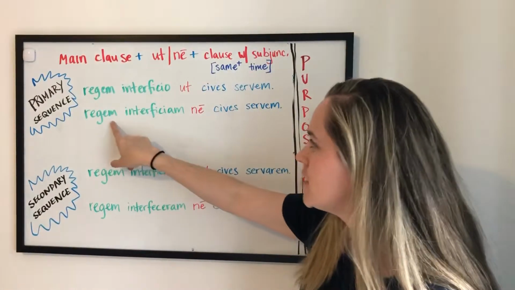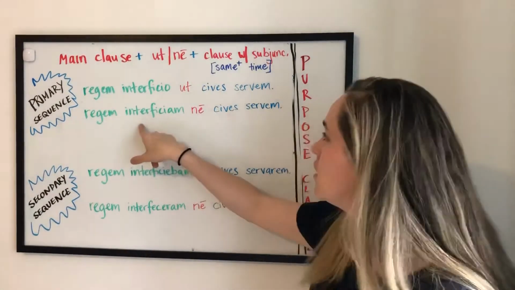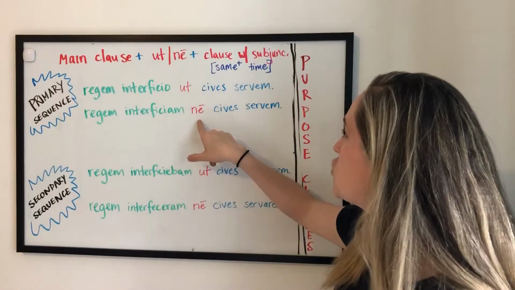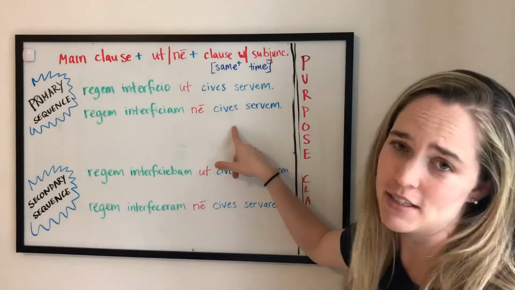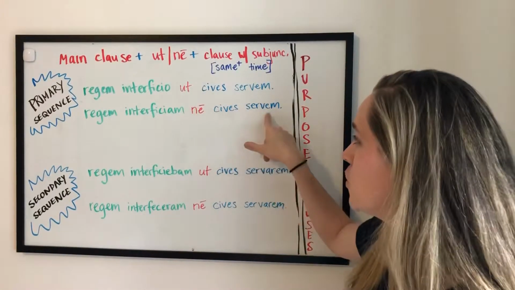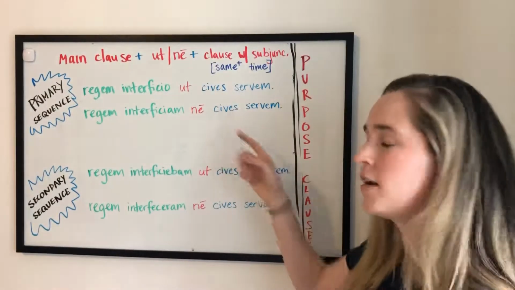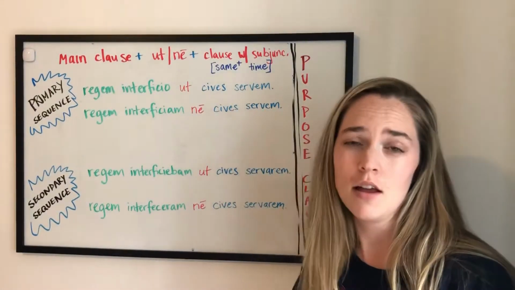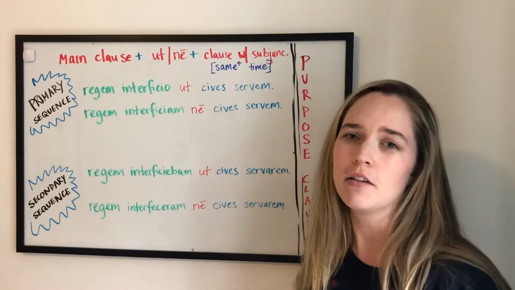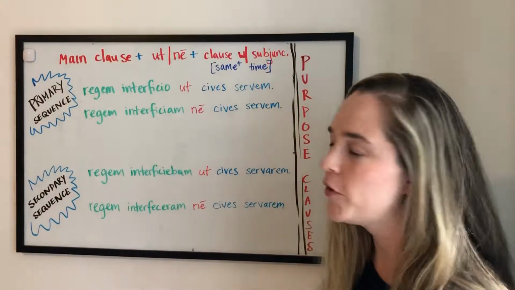So we have this other sentence, which is, I will kill the king, future, so that I don't save the citizens. So in order that I don't, ne, save the citizens. I guess in this scenario, I'm evil and the king is good, and I kill him so that the citizens don't find some kind of relief, I guess, from whatever we're going through.